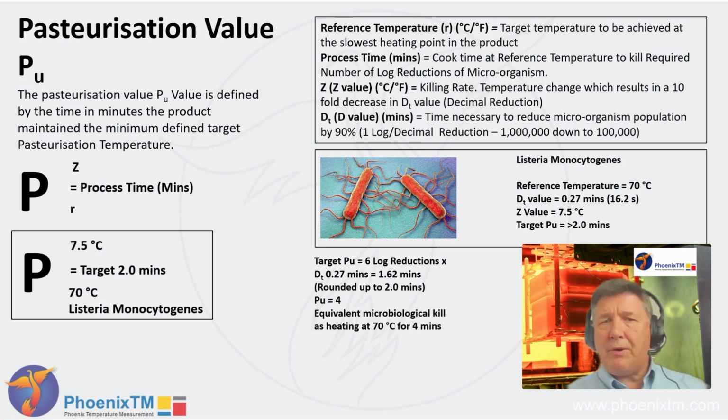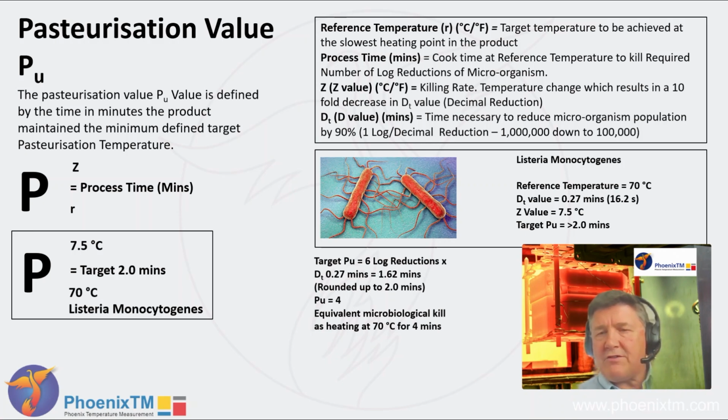A critical parameter is the Z value. This is referred to as the killing rate. It describes how, by changing the temperature of the core of the product, the killing rate, or the pasteurization, of the product changes. On a simple level, if you increase the reference temperature or the core temperature of the product by the Z value, it will reduce the decimal reduction time by a factor of 10.